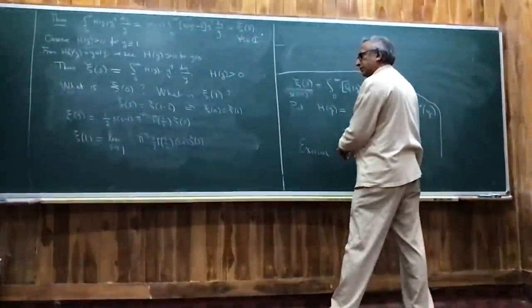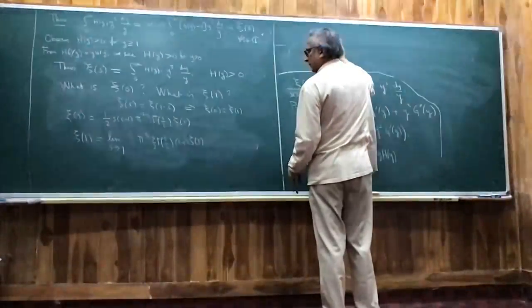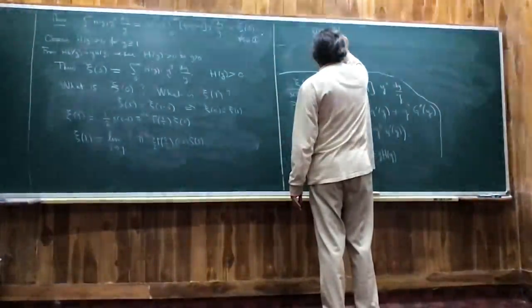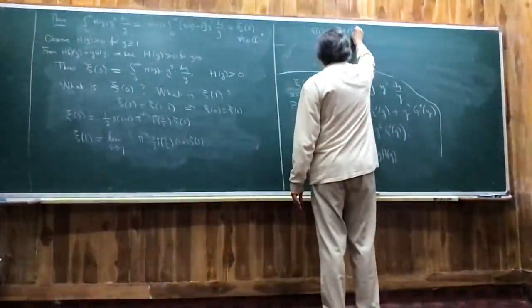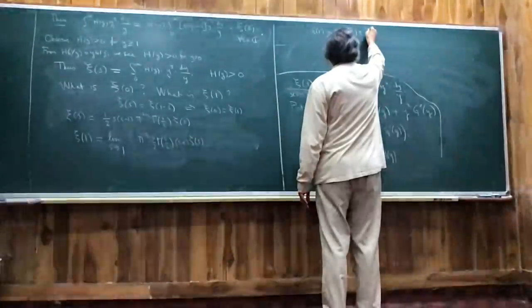So C of 1 equals 1/2 gamma of a half pi to the minus 1/2.